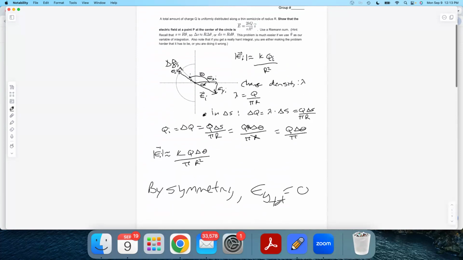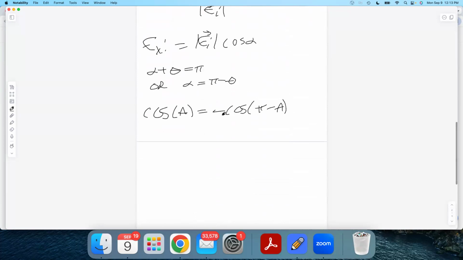We've got a bunch of positive charge back here, so we know the electric field is going to point along the x-axis and it's going to be positive. So where's this negative coming from? Right there. Took me a while to find it. So cosine of this angle alpha we drew in our triangle is the opposite of cosine of theta.